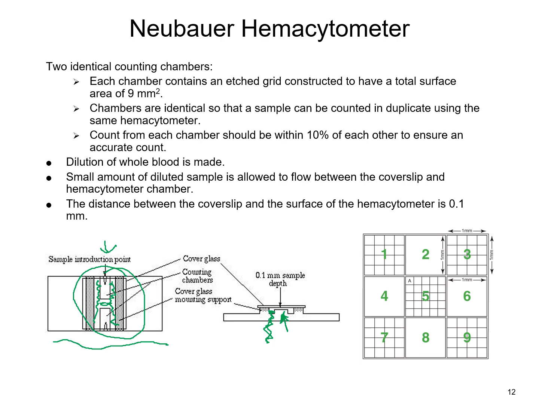So each chamber contains an etched area within a grid that gives you a total of 9 millimeters squared. So you have 9 of these really large squares. When we talk about a large square, we're talking about this whole part here. So you have 9 of those large squares, and then within those you have additional smaller squares.